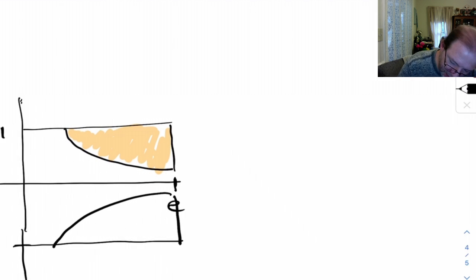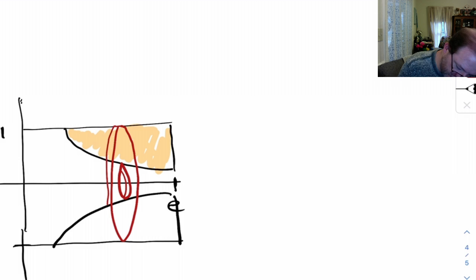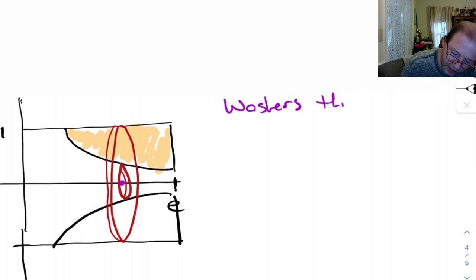So when we draw in a disk, I'll do it in red. If I draw in a disk, it's going to look like this and this. And I'll try to give it a little bit of a 3D effect. So in this case, we're going to use washers. The thickness is going to be dx.